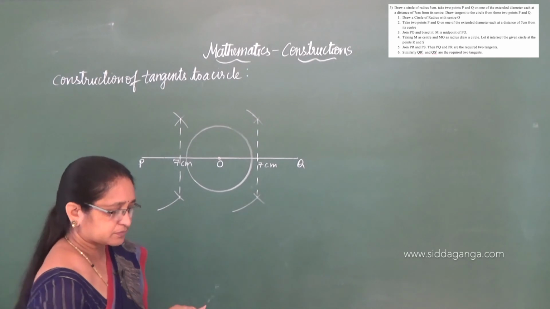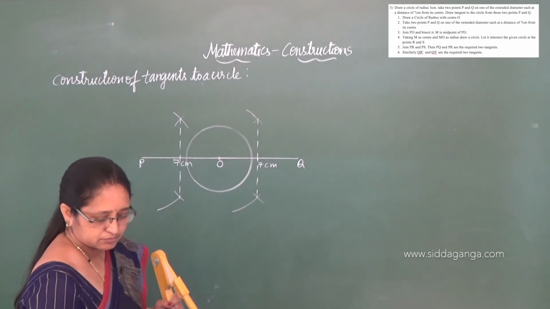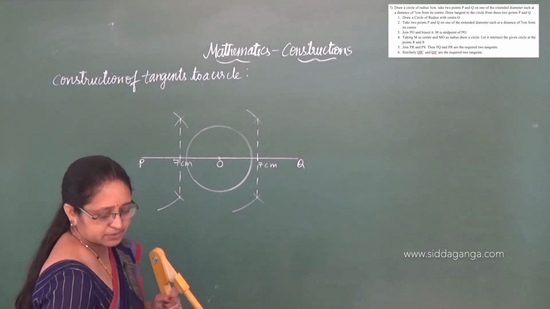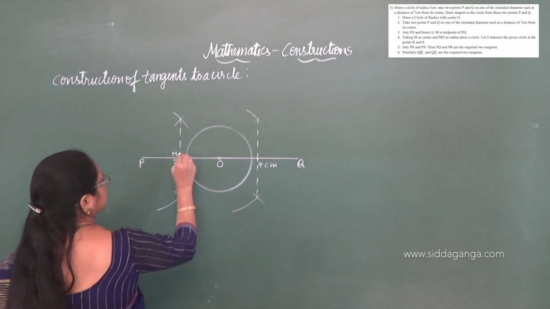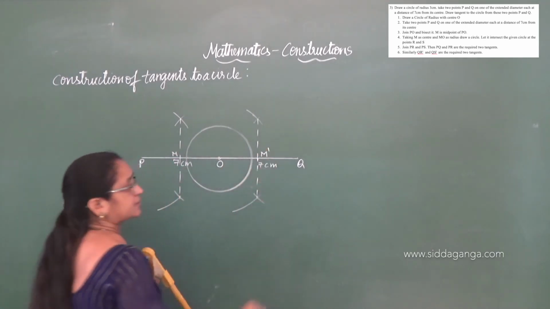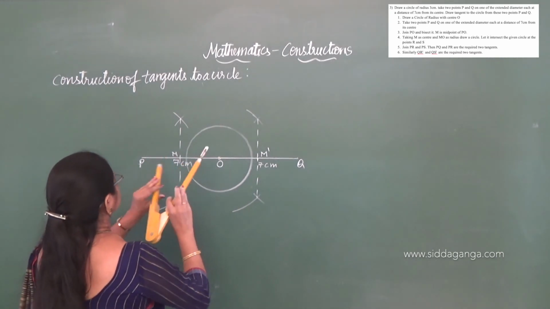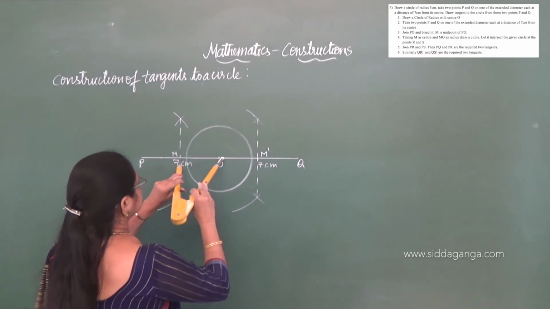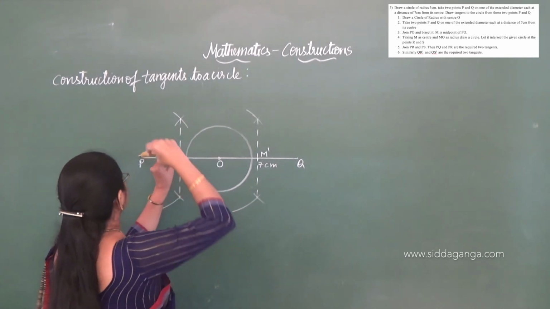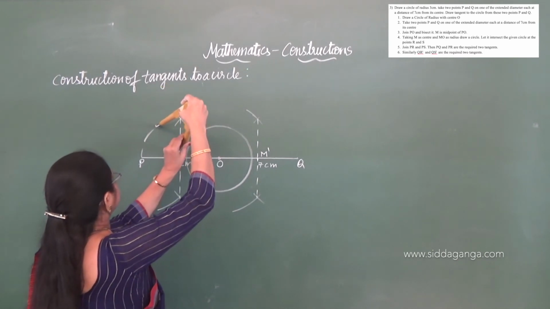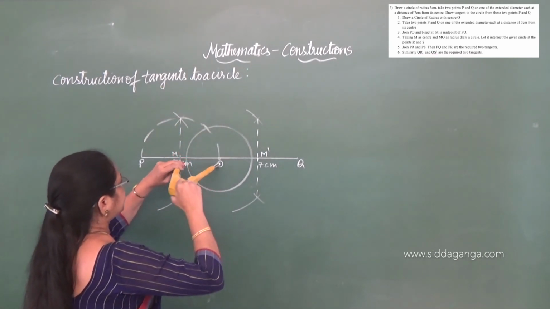Now, next, this I will mark as M and M dash. Now, I will take this as a radius, then with a dotted line I will draw a circle.